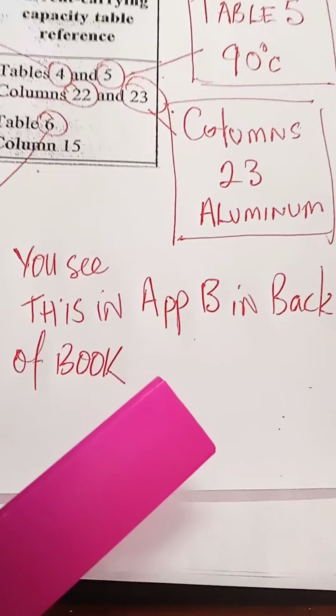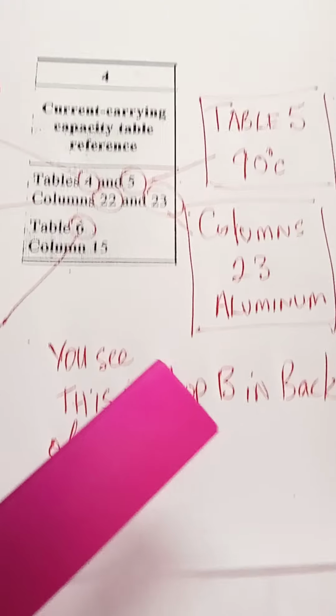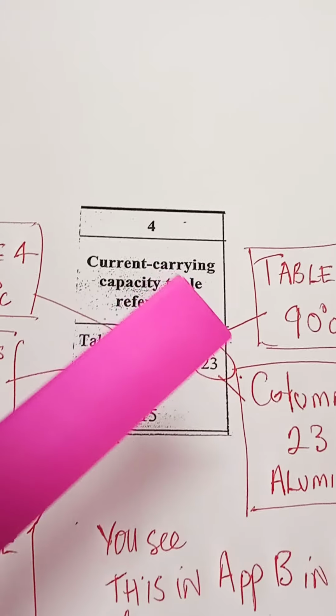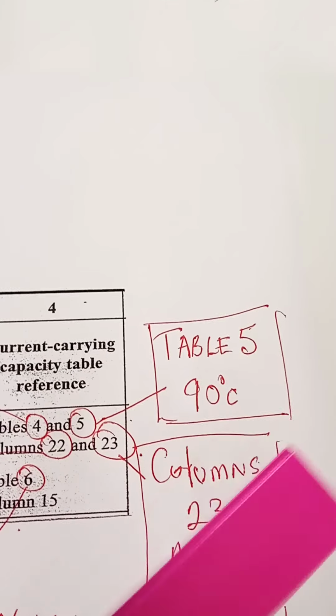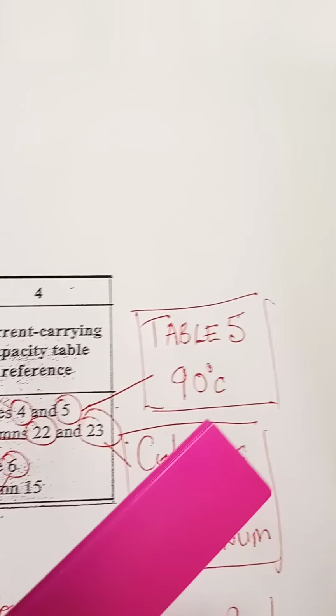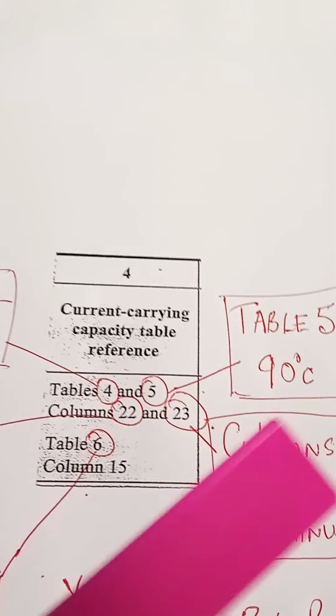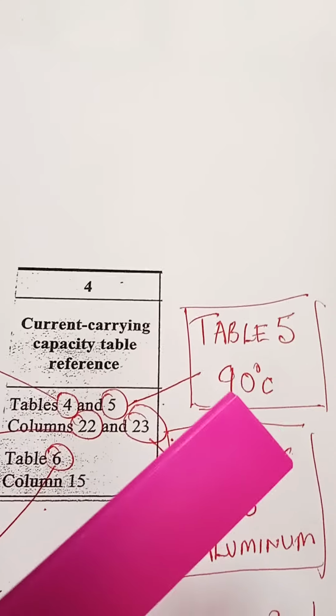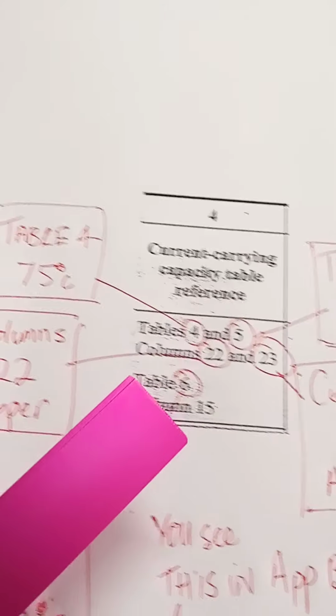If we go to Appendix B in the back of the book, you'll see table 1 for the temperatures, table 2, and then it goes into table 3.1 to 3.4, and from there table 4, 5, 6, 7, right through to 15 is 75, 90, 110, 75, 90, 110. So they do work in this process.